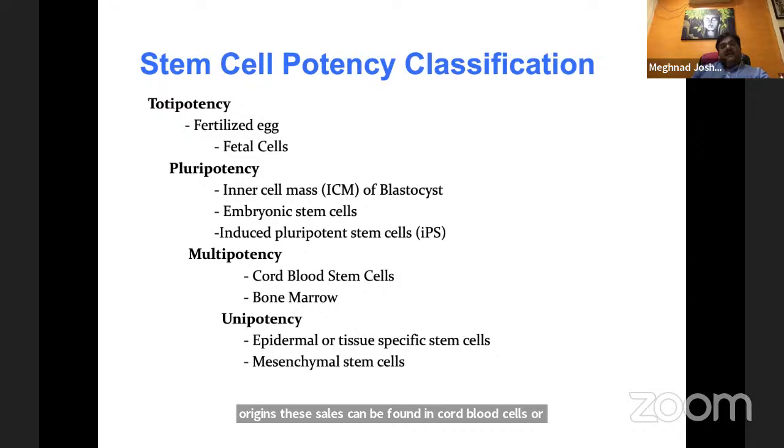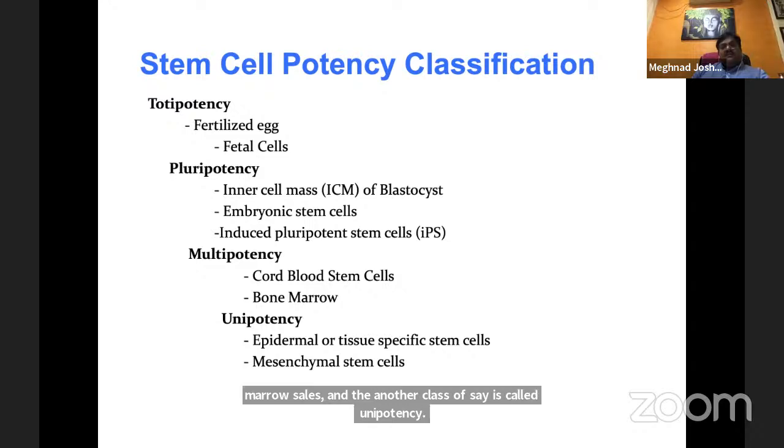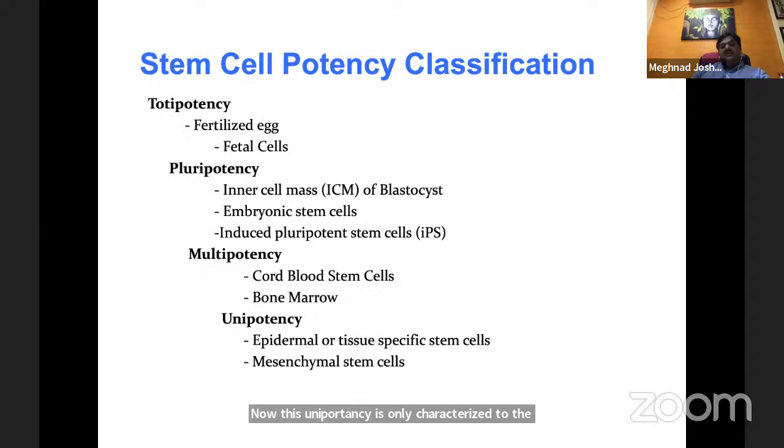Another class of cells is called unipotent. Unipotency is only characteristic of tissue-specific cells, or if you identify a particular class of cells present in liver or kidney, these cells are called unipotent cells. And these cells can be found in adult tissues.